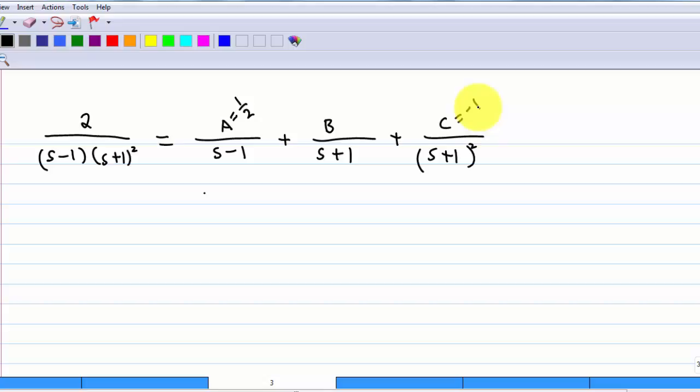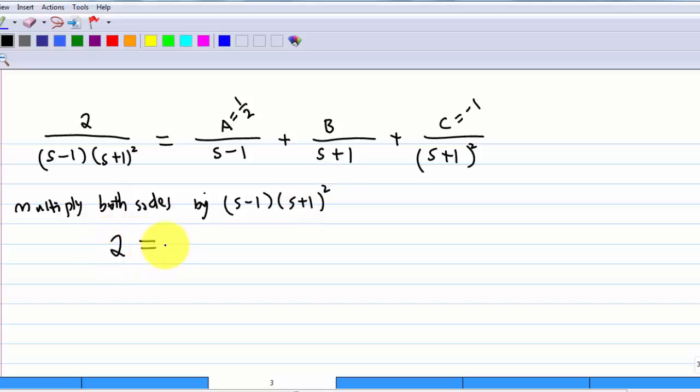To find B, you can multiply both sides by (s minus 1)(s plus 1) squared. Then the left hand side is 2, and the right hand side is A times (s plus 1) squared plus B times (s minus 1)(s plus 1) plus C times (s minus 1).